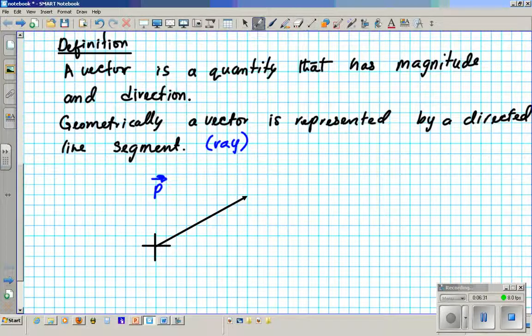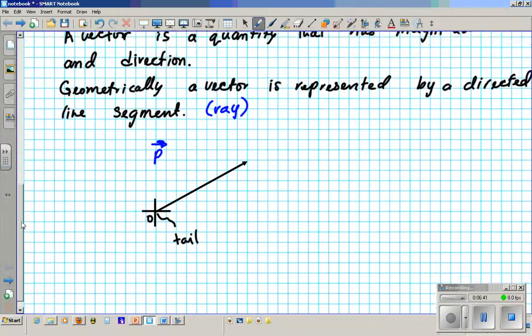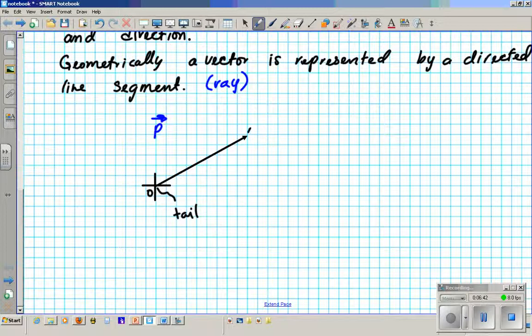Wherever you're starting from, that is the tail of the vector, and this right here is the tip of the vector. This vector can move all over the place, but the length and the direction always stays the same relative to this coordinate system that we have here.